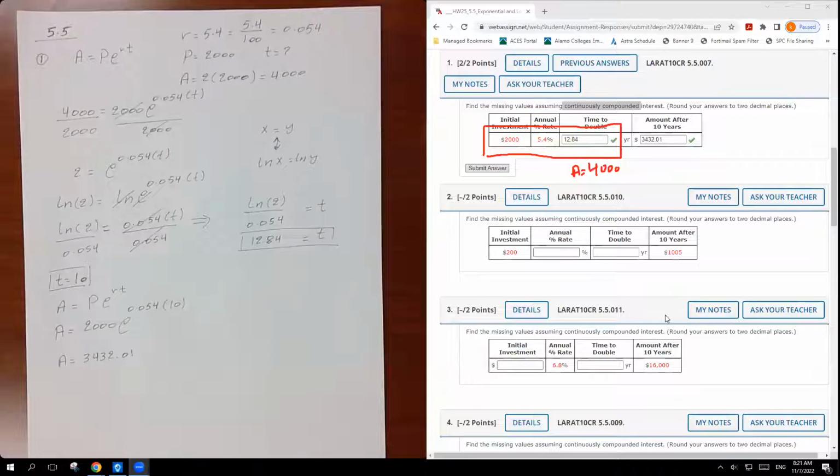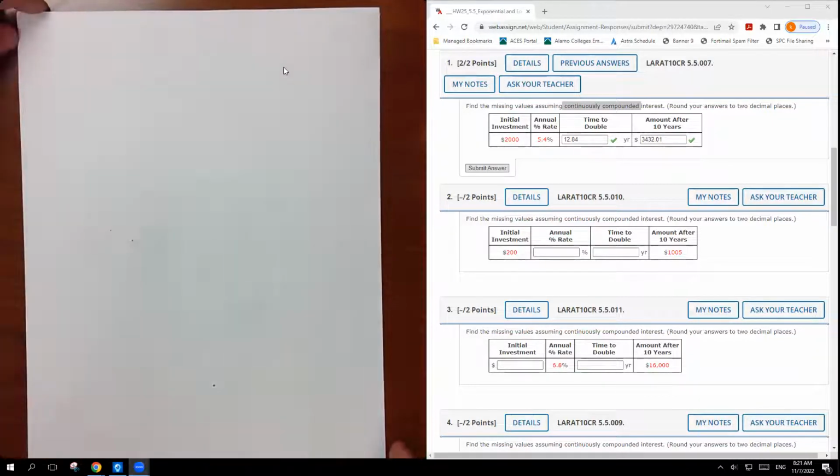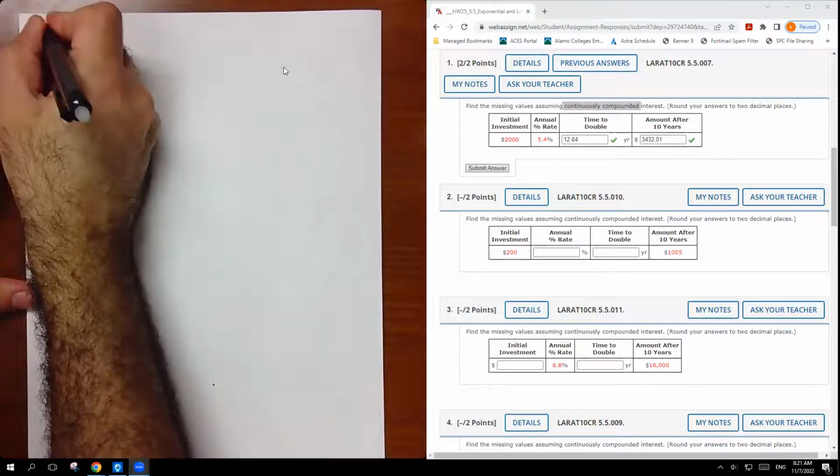Example 2, first of all. So we're going to do exactly the same thing, but let's check what we have. On example 2, they're telling you find the missing value, and the same thing. They're telling you it's continuously compounded.